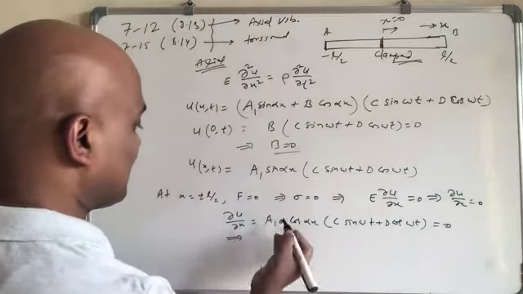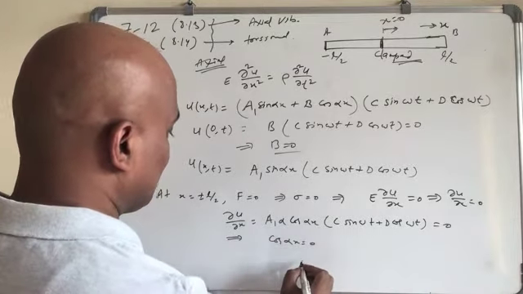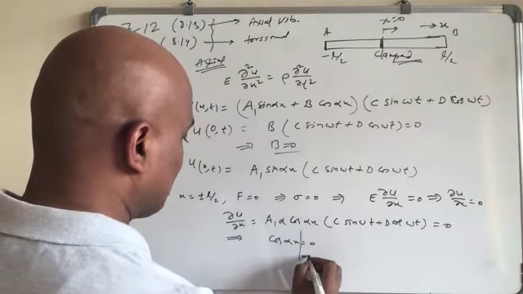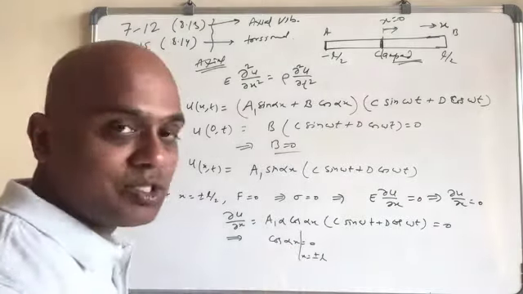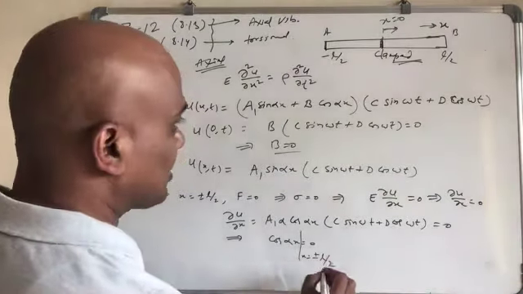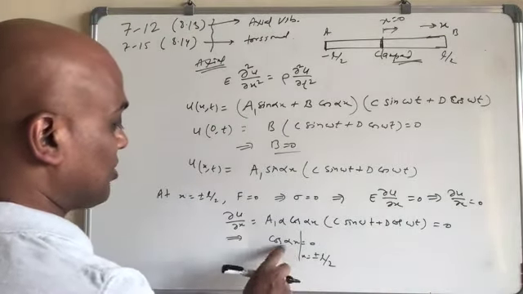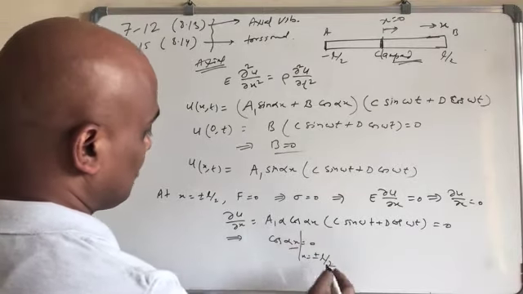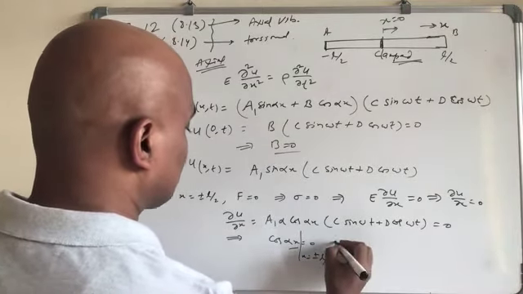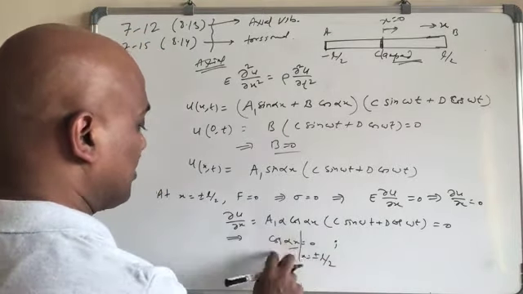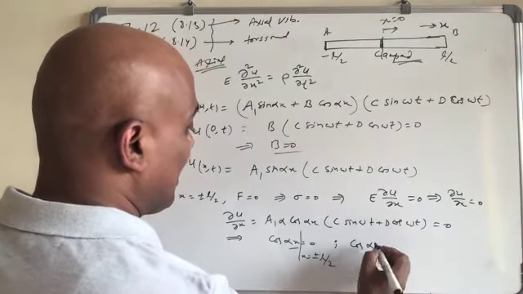Since alpha is not equal to 0, we have cos alpha x equal to 0 at x equal to plus minus L over 2. It is a cosine function, so at both of them it will be the same.